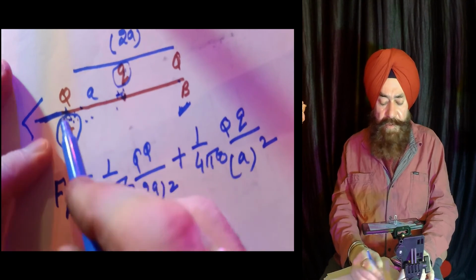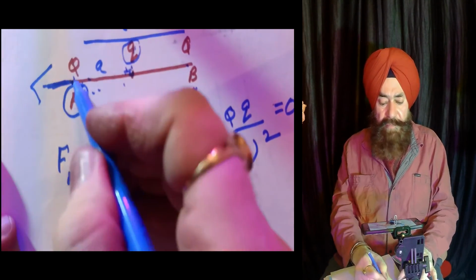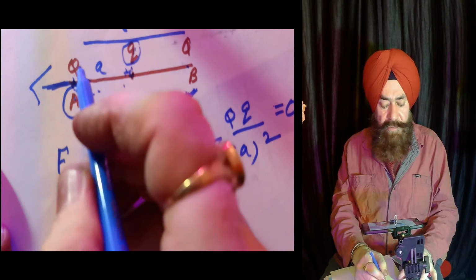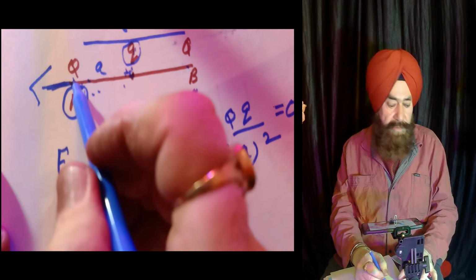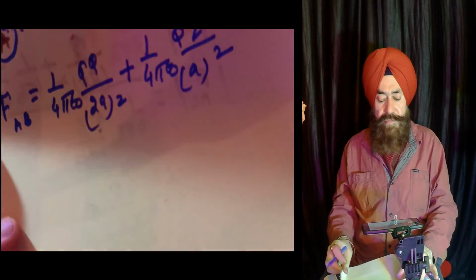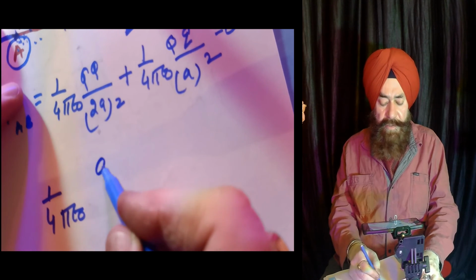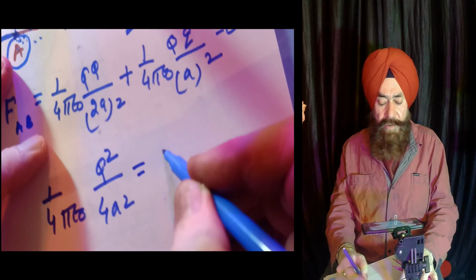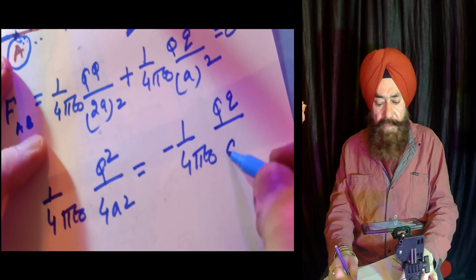And the sum of the two forces should be 0 so as to have the equilibrium position, so that the force at E becomes 0. So it is constant Q square upon 4A square equals minus constant capital Q small q upon A square.